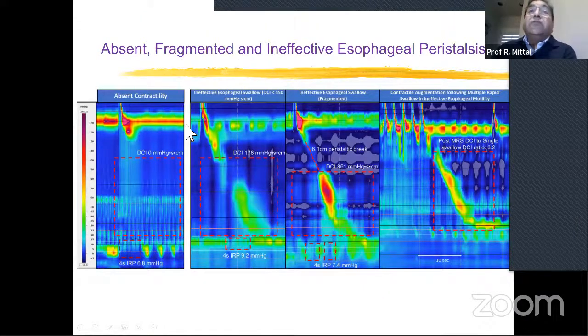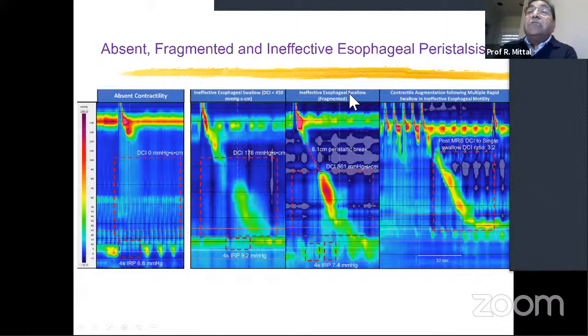Now, if you have normal lower esophageal sphincter relaxation, you can have isolated problems of the esophageal body. For example, this one is absent contractility. The IRP is normal and there is no contractility in the esophagus. Normally I see that in scleroderma esophagus or bad reflux esophagitis. Same thing here, ineffective esophageal motility, where you see a DCI of less than 450 and a normal IRP.